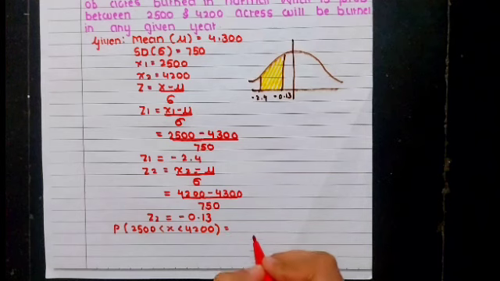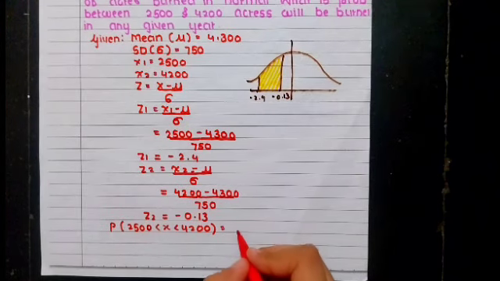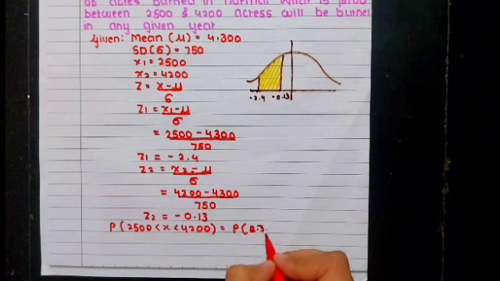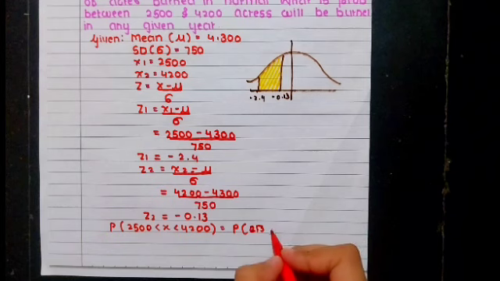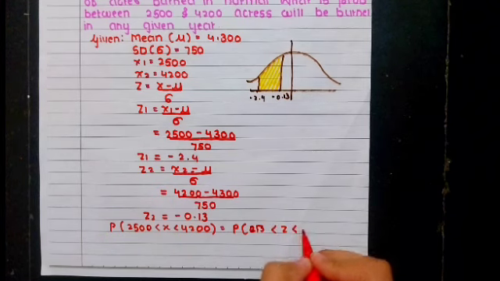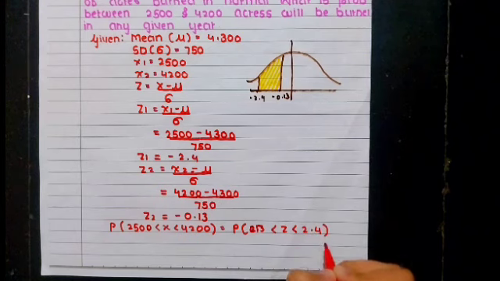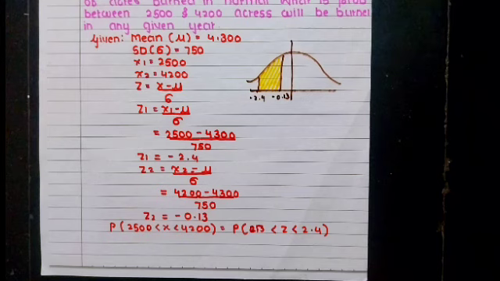In terms of z, we can explain it as P, that is the probability of z between minus 2.4 and minus 0.13.